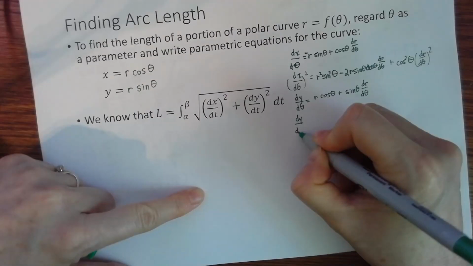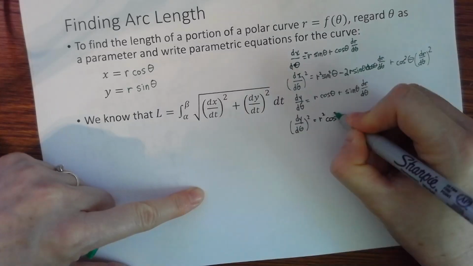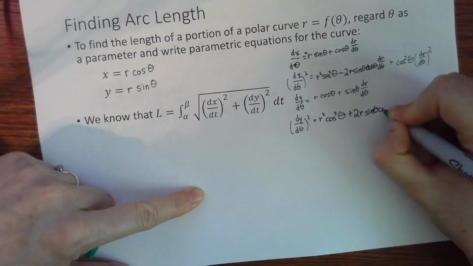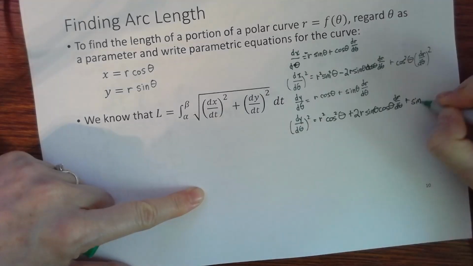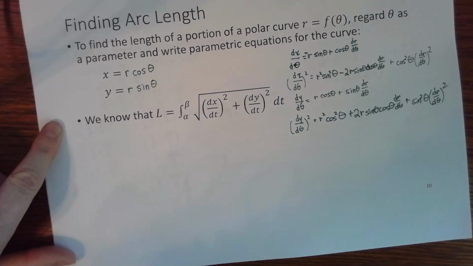If we square this one, we'll get r squared cosine squared θ, plus twice their product, so that'll be 2r sine θ cosine θ dr/dθ, and then square that one, so we have sine squared θ (dr/dθ) squared.